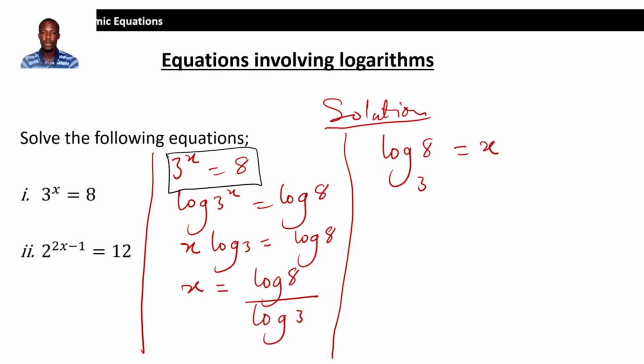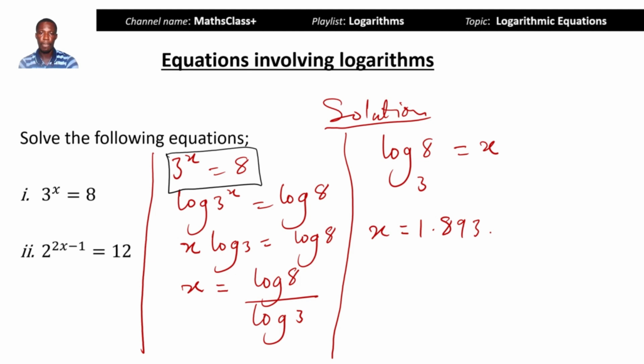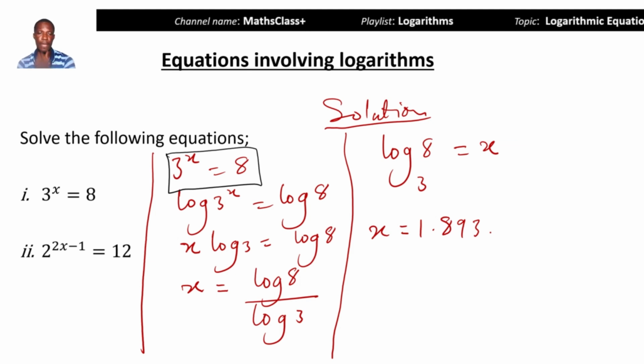They will give us the same answer. So we go ahead, find the value of x to be equal to 1.893. So that's for our first example.